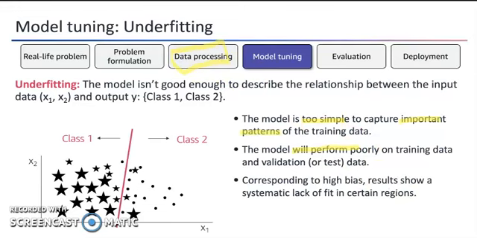This is where we may need to perhaps do additional processing steps. Remember, part of what's involved sometimes in these steps is dealing with missing values. There may be columns or features that may need transformations.